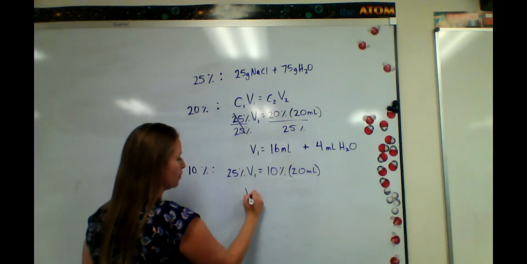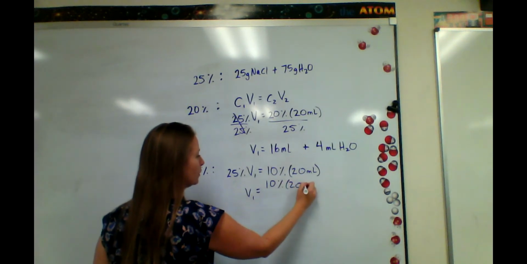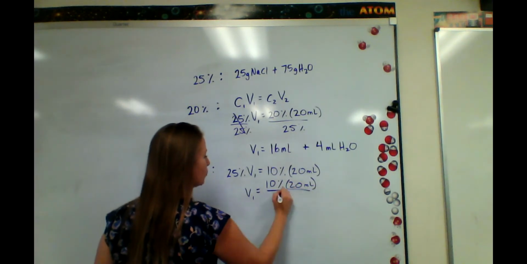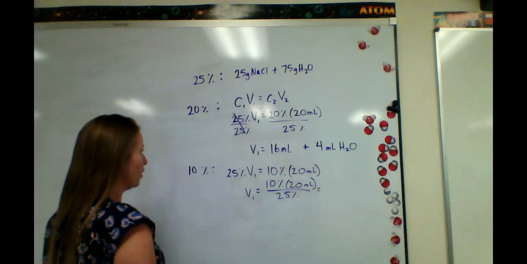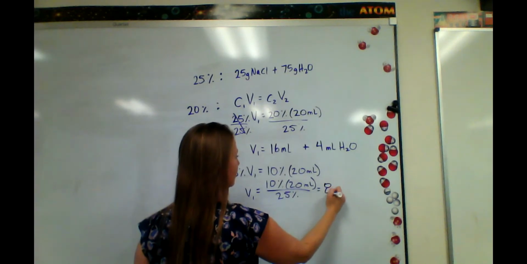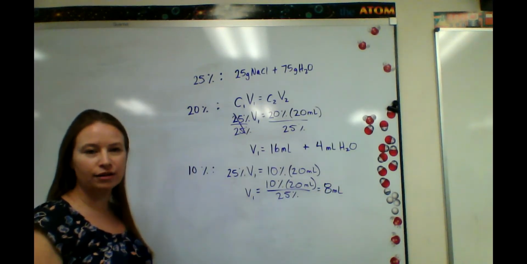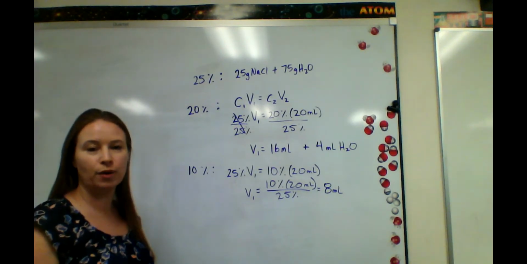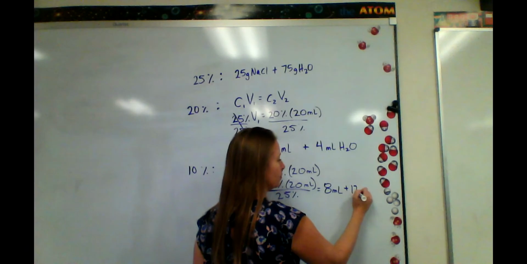Okay, so V1 is going to be equal to 10% times 20 milliliters divided by 25%, which should give us a volume of half of what we just calculated, 8 milliliters. If I add 8 milliliters of my stock solution, that means for a total of 20, I need to add 12 milliliters of H2O.